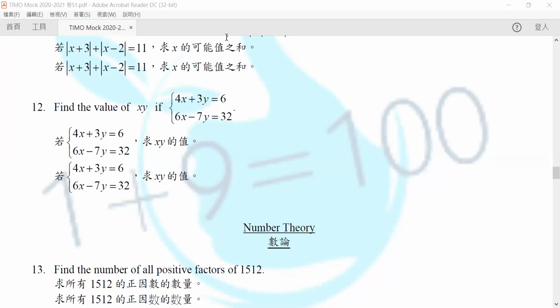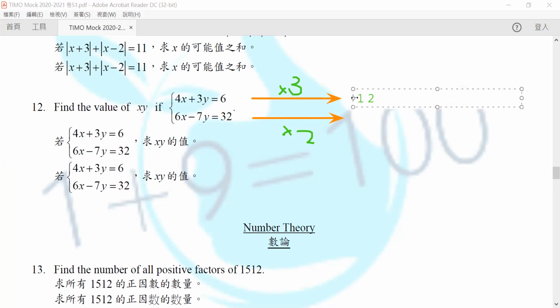So if we now multiply the first equation by 3, and the lower one by 2, then we will get 12x plus 9y, which is equal to 18.